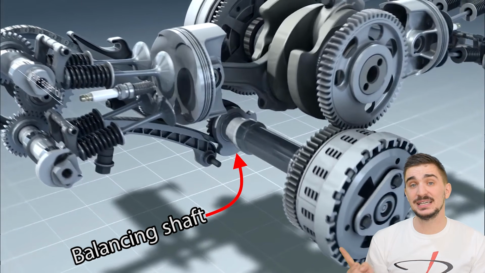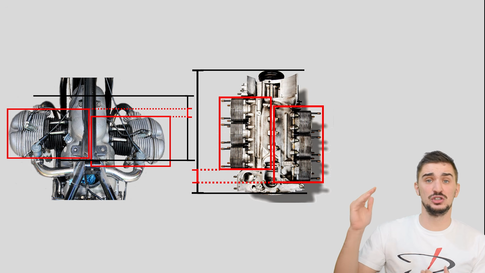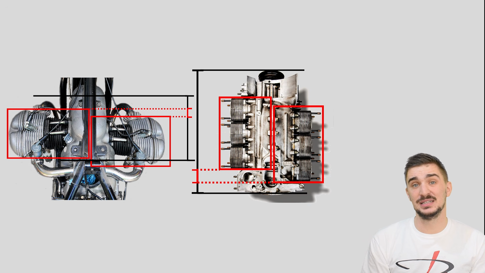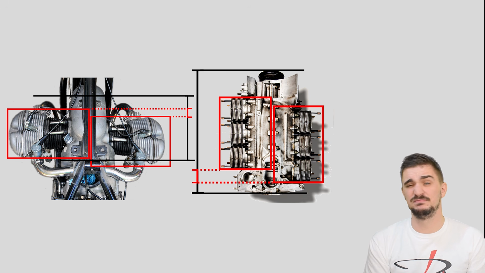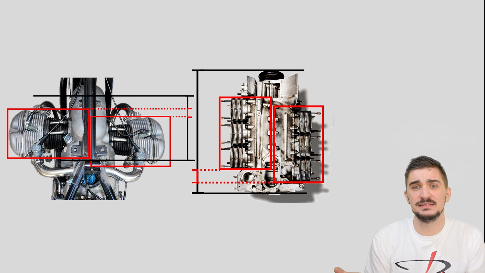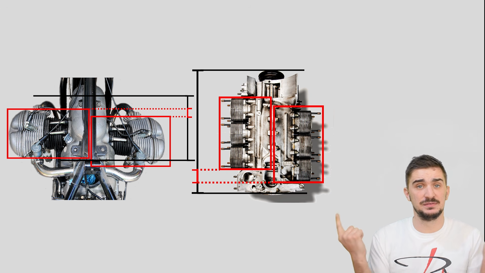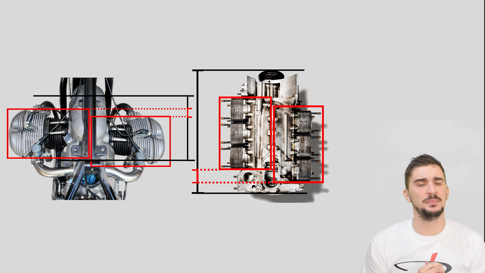But in the boxer 6, the size of the offset is extremely small in relation to the total engine size, which means that the imbalances created by this little offset in the boxer 6 are pretty much irrelevant. So the boxer 6 is pretty much perfectly balanced because it too does a lot of the canceling out of the inline 3s, but it has another ace up its sleeve.